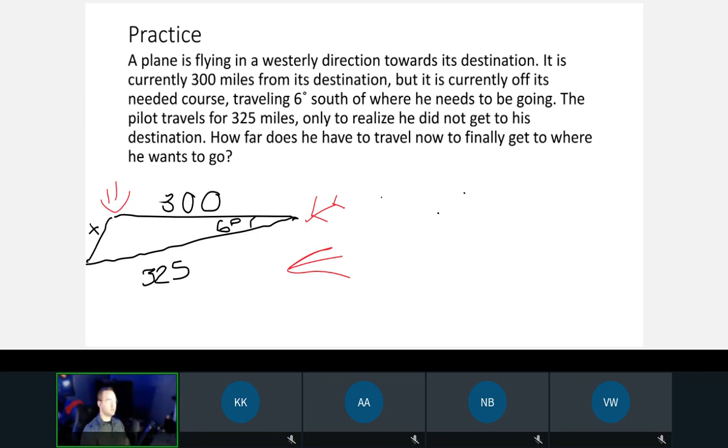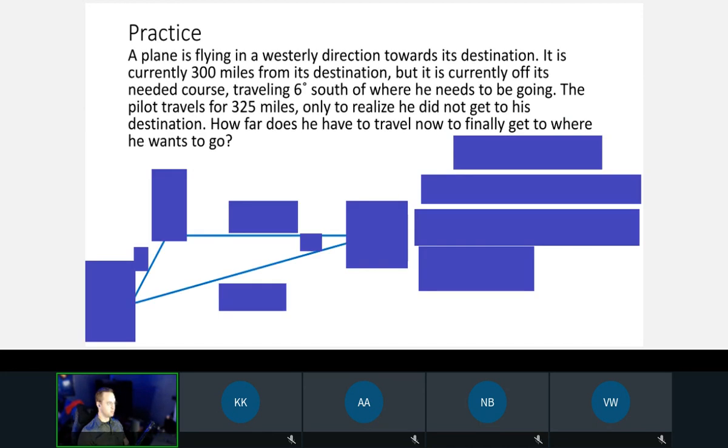But they're 6 degrees south off course. Yep, south. So it means they're flying down too much. So this is where they get. And then they travel 325 miles. Perfect. And then side x, that's the distance now between where you want to go and where you are.